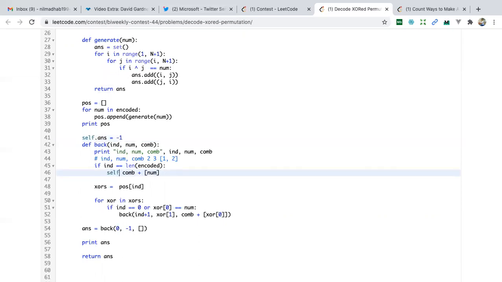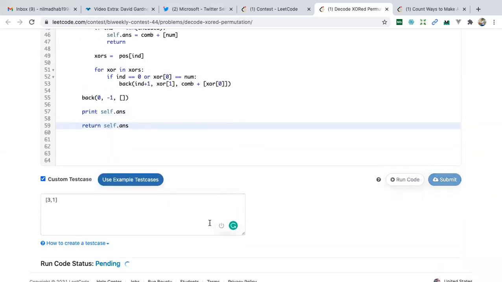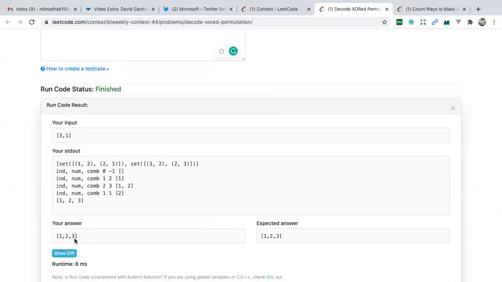So self.answer will be this, and don't return it, and we just return and print self.answer. We have a global variable where we store it, because return won't work in case of backtracking. So you see 1, 2, 3, right?